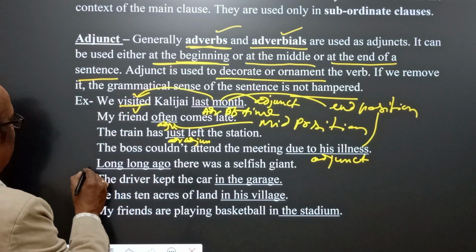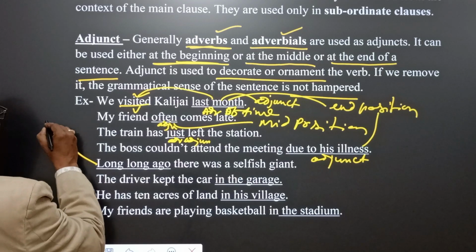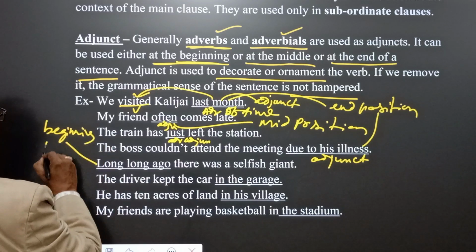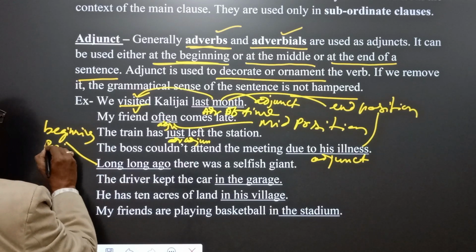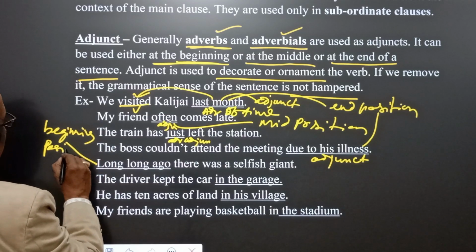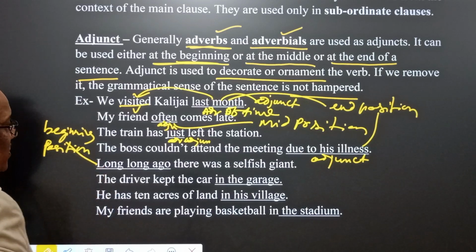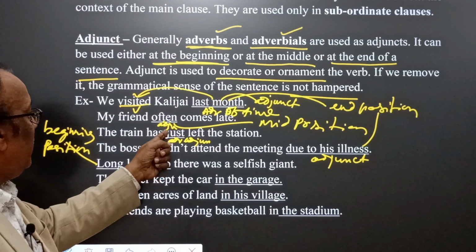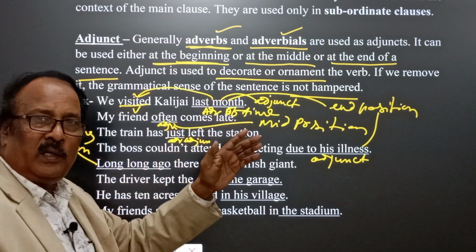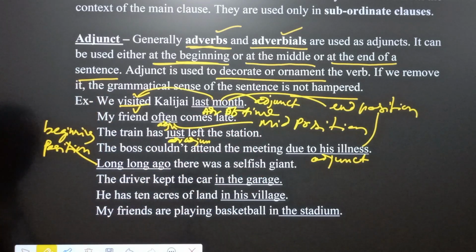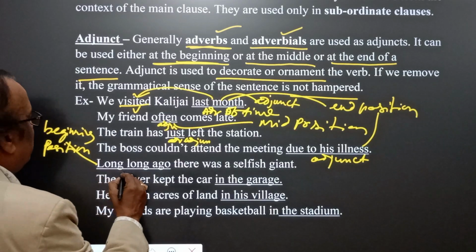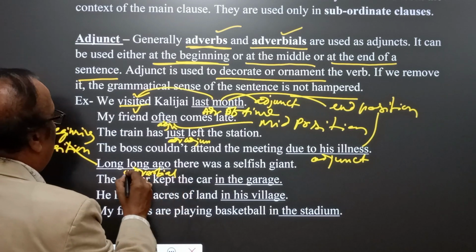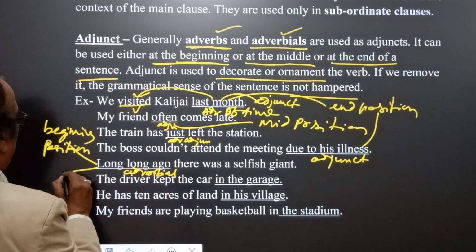You see, listen. This is the beginning position, that is what we call the beginning position of the matter. It means at the beginning or at the middle or at the end. And here we find long ago. This is adverbial, and this is also an adjunct.